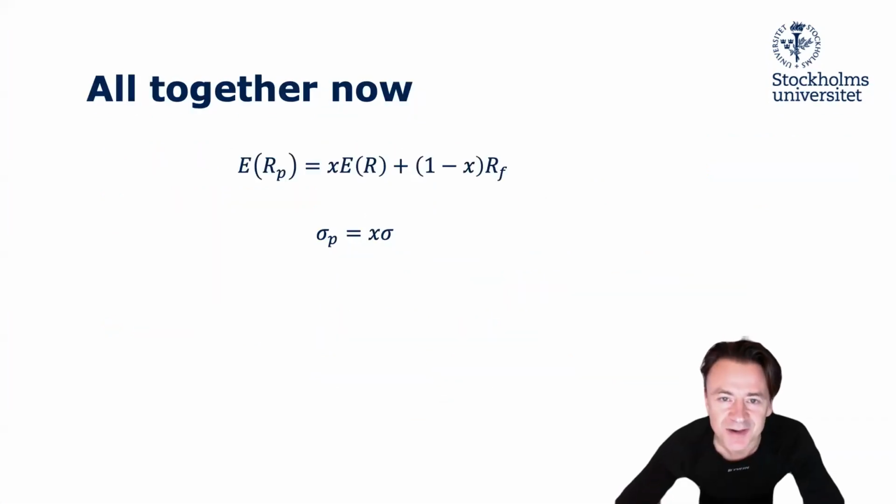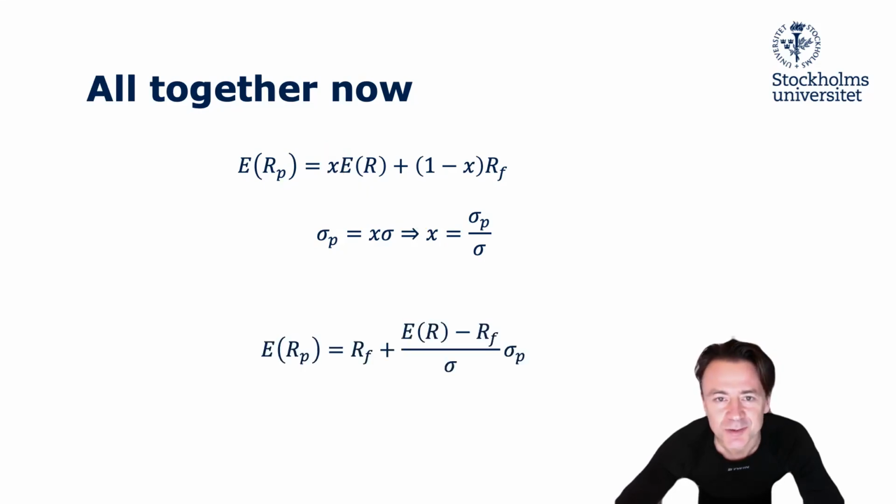Putting it all together now, we can do something extraordinary. We can factor out the weight here and plug the result back into the expression of the expected return of the portfolio. After a few steps, the result is this: a line.